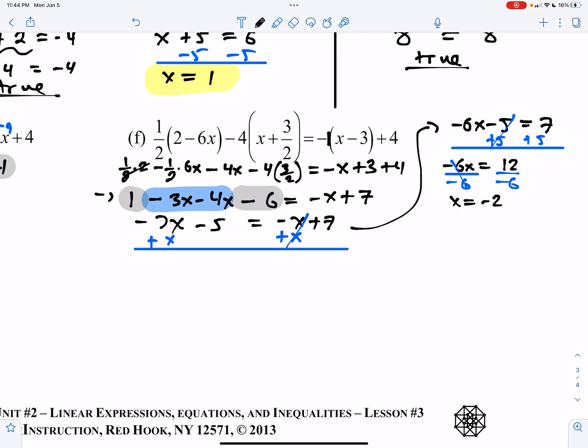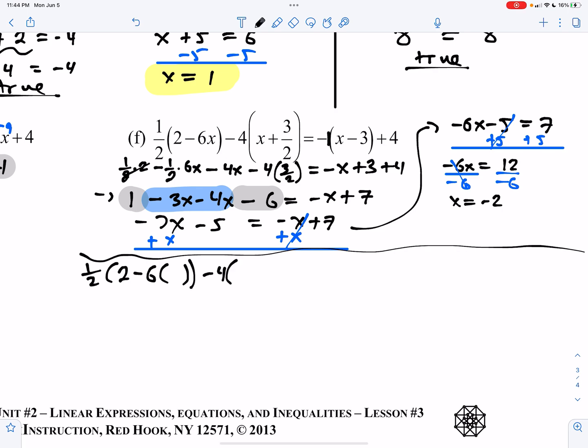I'm going to go 1/2 times 2 minus 6 times x, and then minus 4 times x plus 3 over 2. And then we're going to go negative 1 times x minus 3, and then we're going to add 4 to that. So what we're plugging in is negative 2.